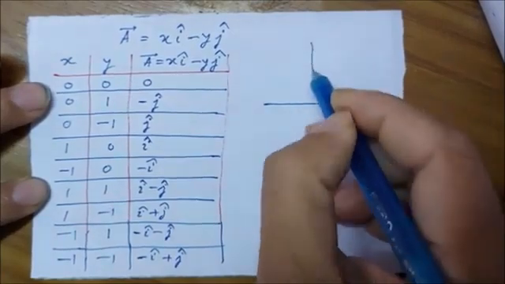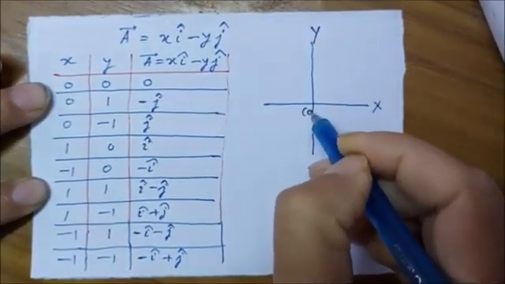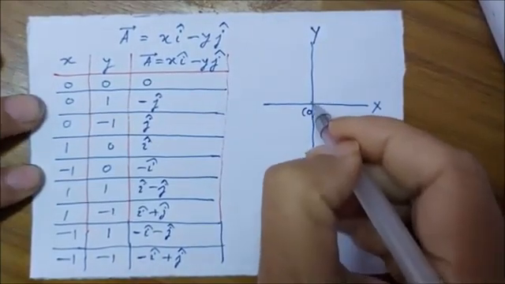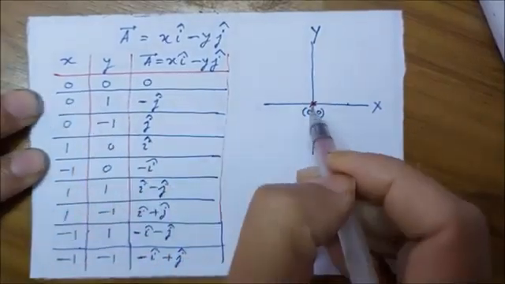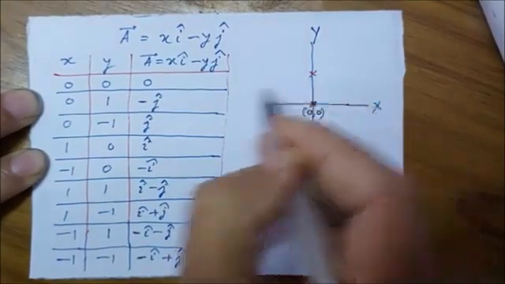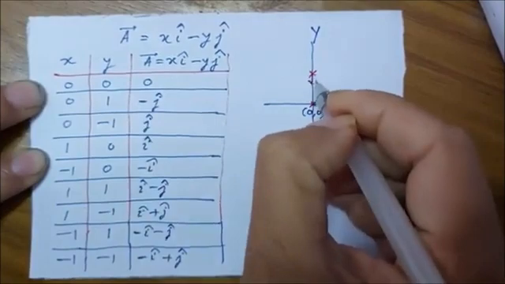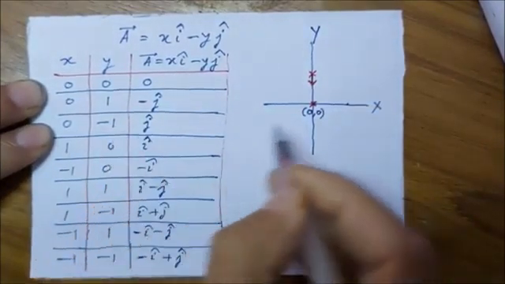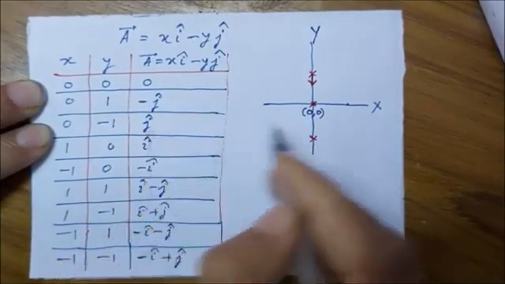This is x-axis, this is y-axis, this is the origin at which A is 0. Next 0, 1, so x is 0, y is 1, so we are here, and vector is minus j cap. 0, minus 1, so we are here, and vector is along j cap.